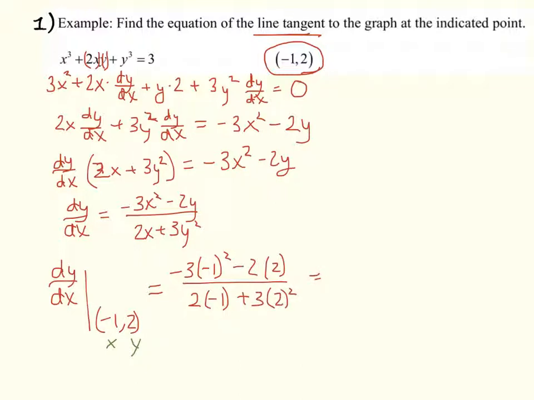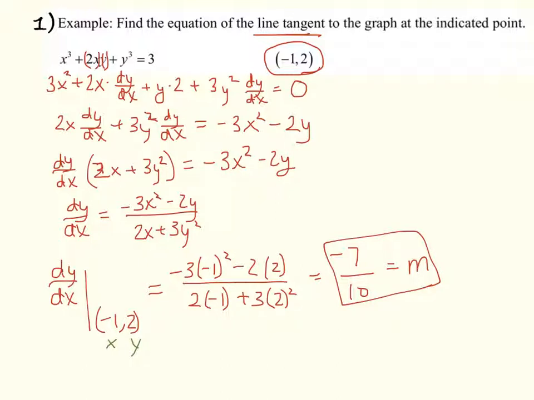Okay, so in my head, negative 3 times negative 1 squared is negative 3, minus 4 is negative 7, and in the denominator I have 2 times negative 1 is negative 2, plus 3 times 2 squared is 4, 4 times 3 is 12, so negative 2 plus 12 is 10. So our slope is negative 7/10, and our point was negative 1, 2.